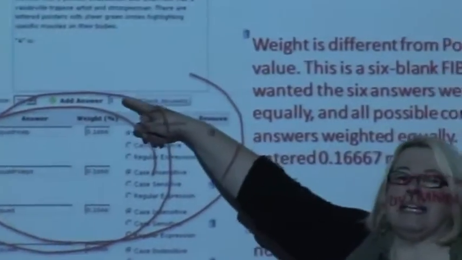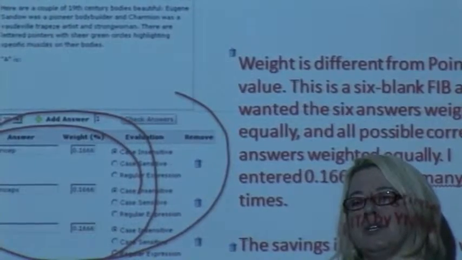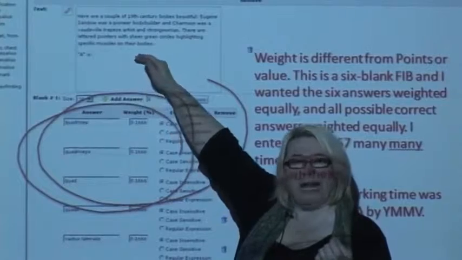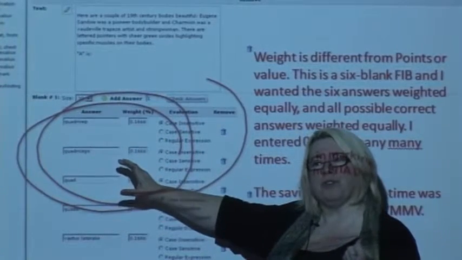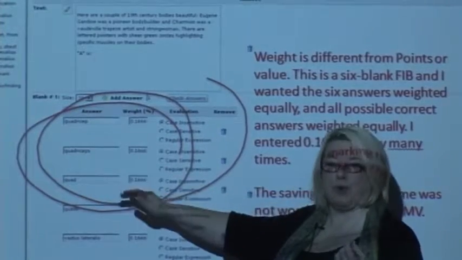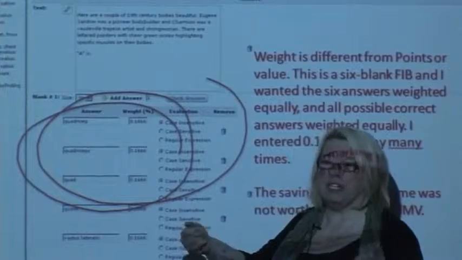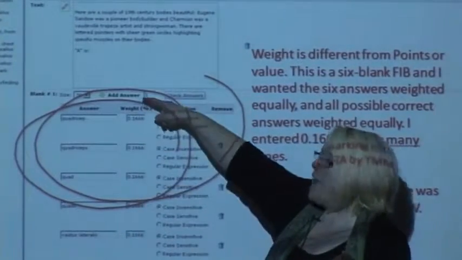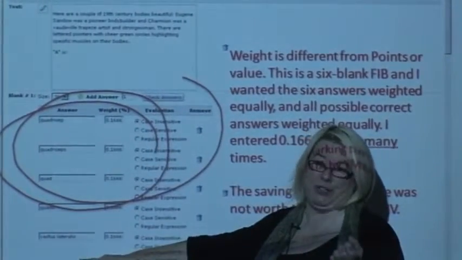But you also need to enter a weight for each of those answers, which is out of the 6 possible blanks I'm having them fill in, how much is this blank worth? This blank is worth 1 out of 6 in my grading scheme, which is 0.166666666, etc. That needs to be entered individually for each of these possible answers.